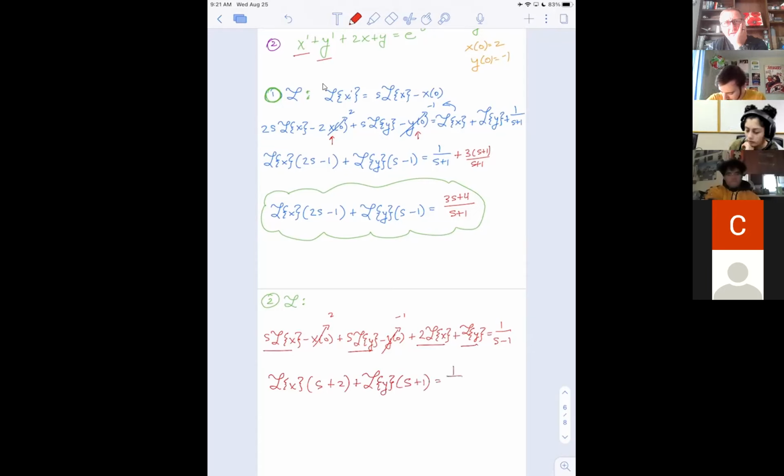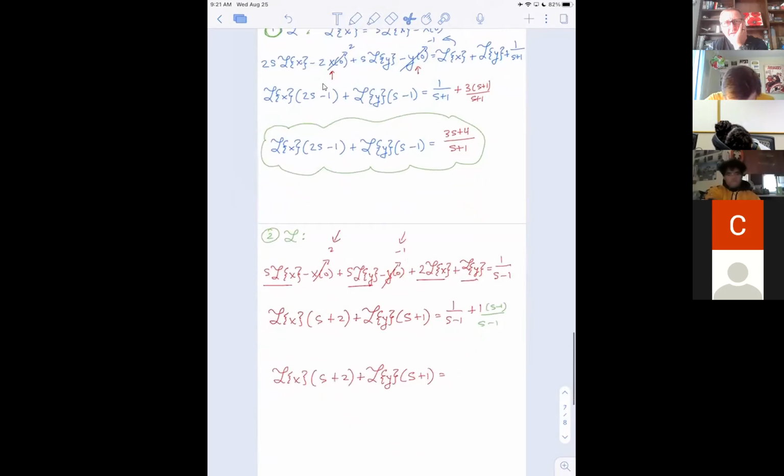So I have my 1 over s minus 1, and then I have a -2 and a +1. This is -2, this is +1. That's -1. Add it to the other side, it becomes +1. If I again decide to find a common denominator, multiply this top and bottom by s minus 1, then that'd be s minus 1 plus 1. I guess it's just s then.